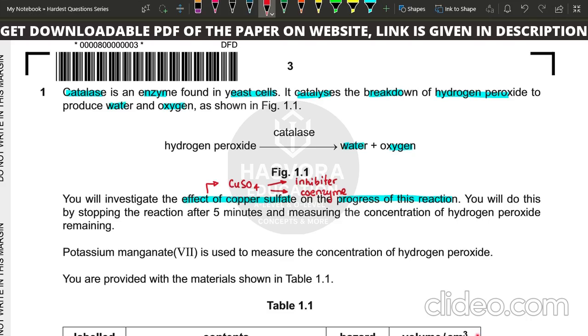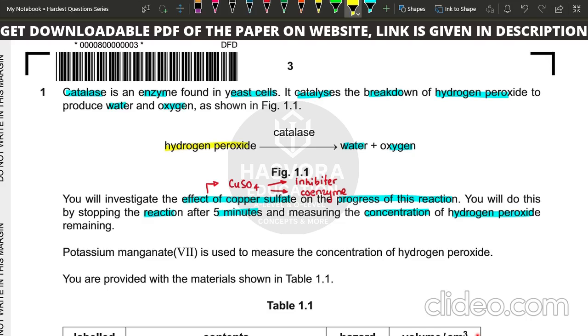You have to investigate the progress of this reaction, and they're telling you that you will do this by stopping the reaction after 5 minutes. So you are checking the activity for 5 minutes and measuring the concentration of hydrogen peroxide. Here the examiner is a little bit trickier, because he is checking the reactant, that is, how much of the reactant is converted into the products.